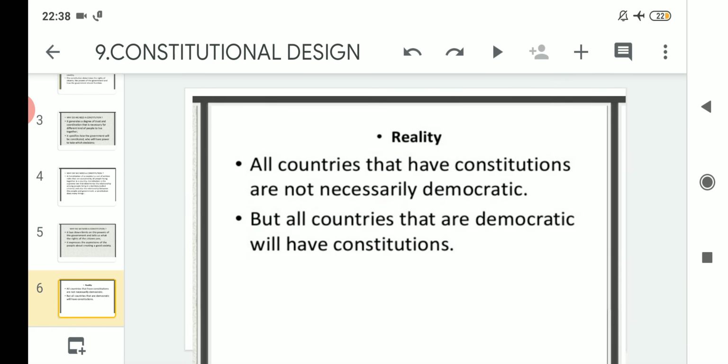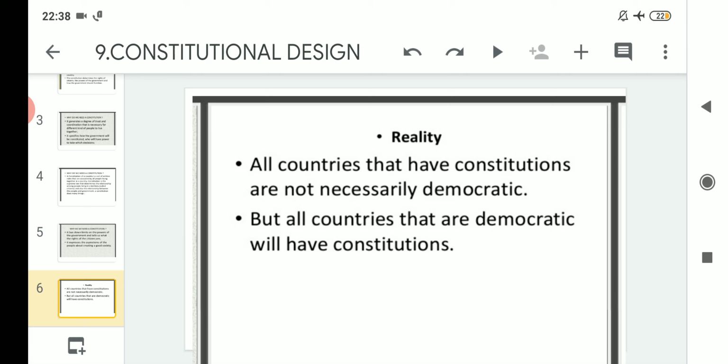After that, all countries that have constitutions are not necessarily democratic. One point was there in your textbook that we have read earlier also, that all countries that have constitutions are not necessarily democratic. We have read that.